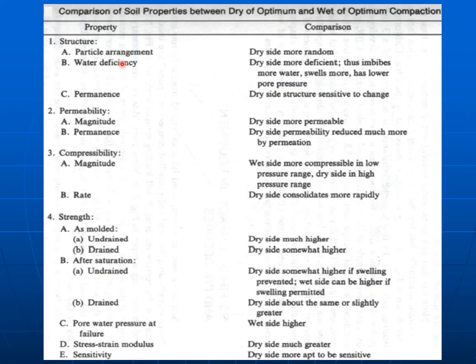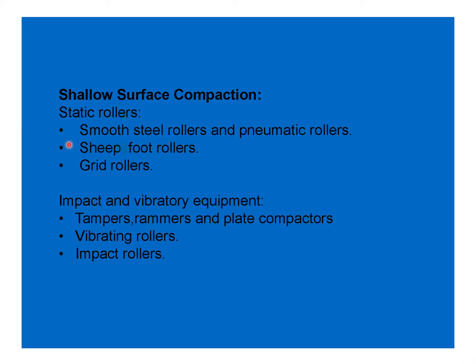Now on this particular slide you can see the comparison of soil properties between dry of optimum and wet of optimum compaction. Structure, permeability, compressibility, and strength are the things which have been considered in detail. For shallow surface compaction, static rollers can be used: smooth steel rollers and pneumatic rollers. Pneumatic rollers mean the rubber tired rollers.